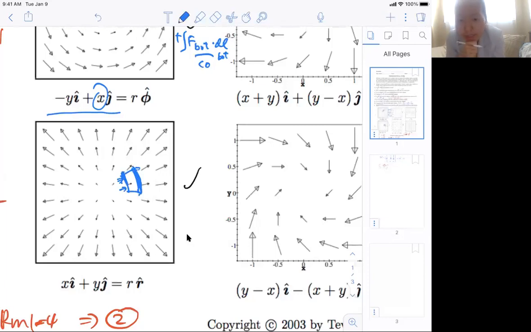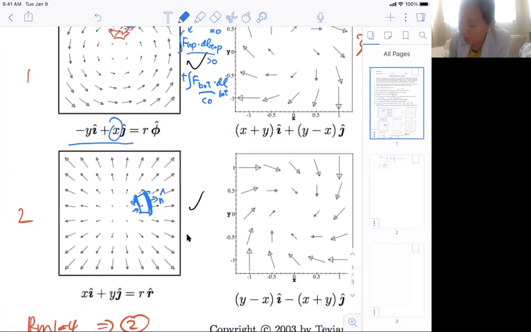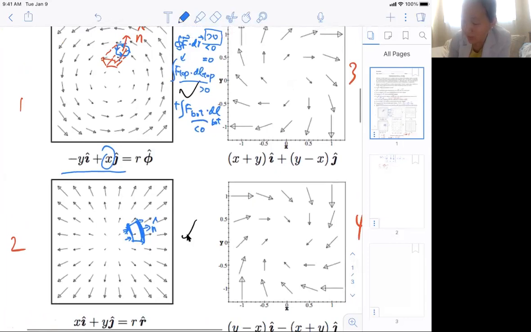In this case, F is parallel to n hat. Where is n hat? Our n hat actually didn't really change. It is simply pointing away from the center, but our F changed. In this case, our F is curling around, and in this case our F is also pointing away.